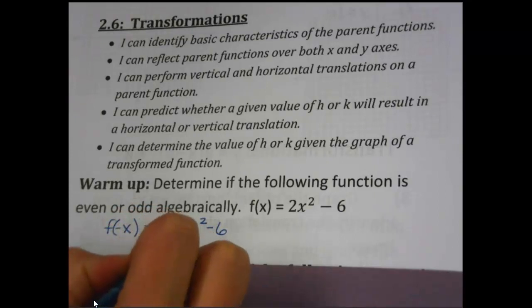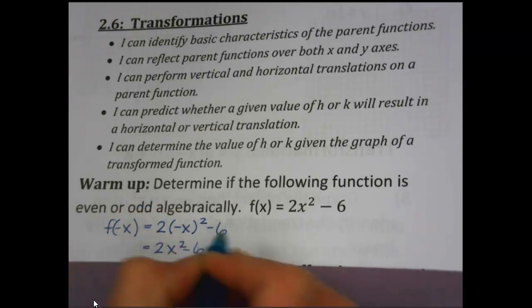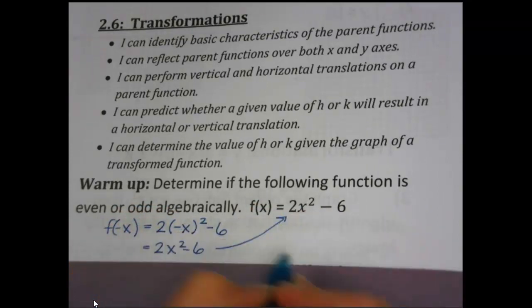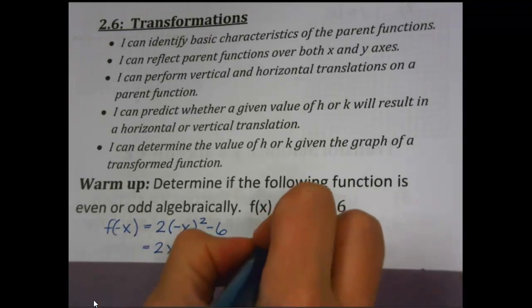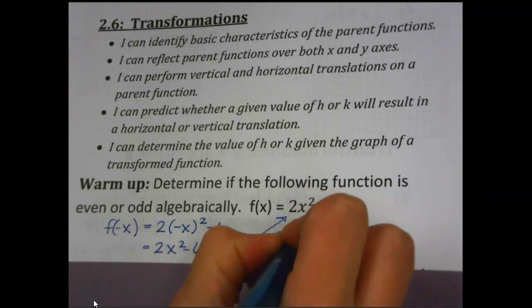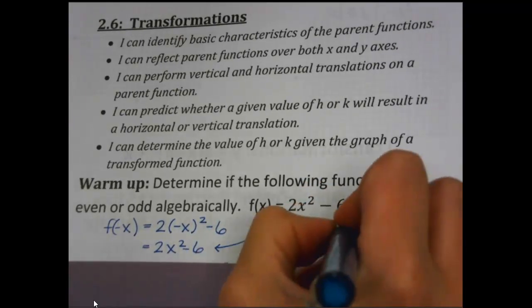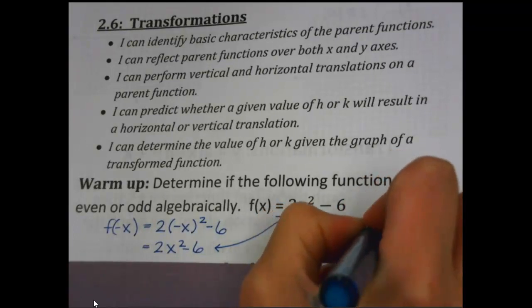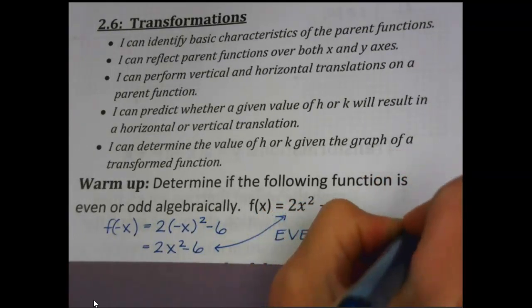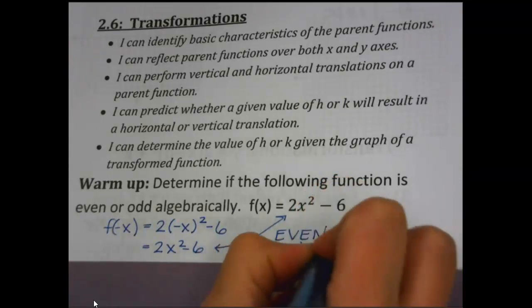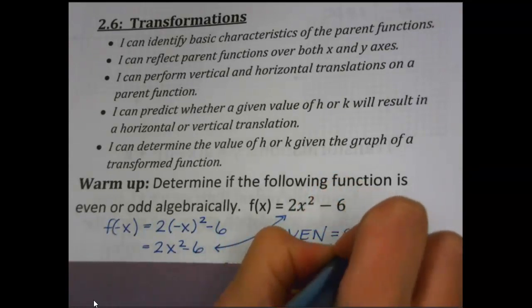So 2x squared minus 6. I want to compare that to our original, and they happen to be the same. So that tells us that this is an even function, and even functions mean that they are symmetric to the y-axis.